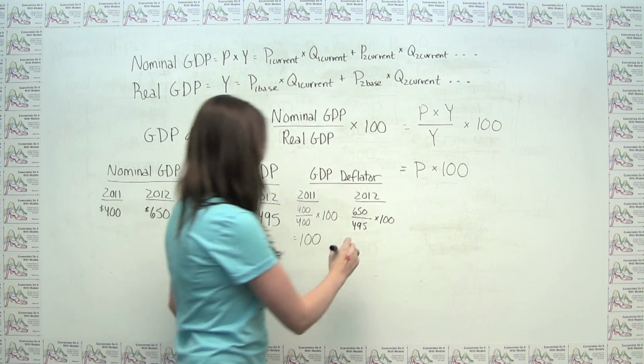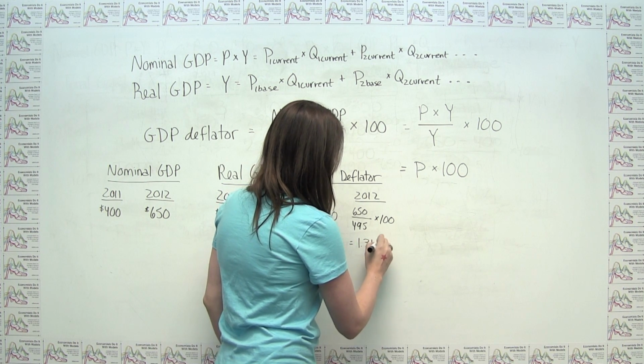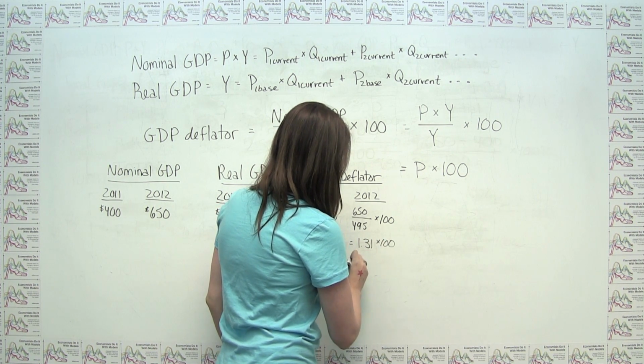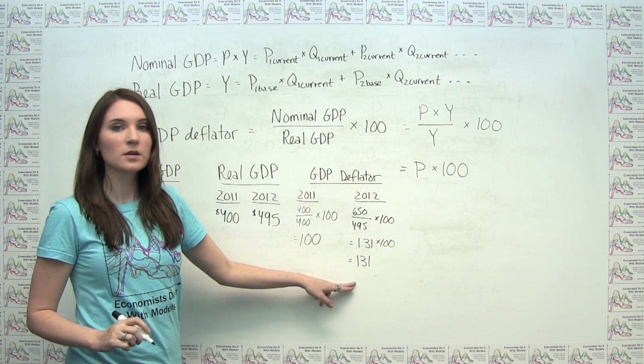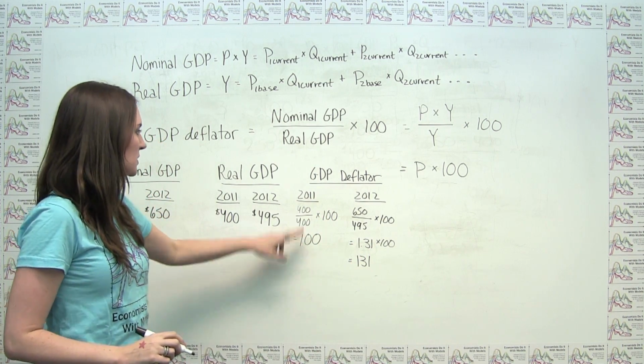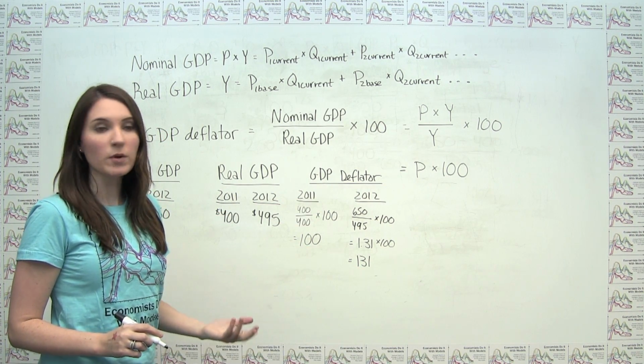And what we get is, rounding to two decimal places, 1.31 times 100, or 131.